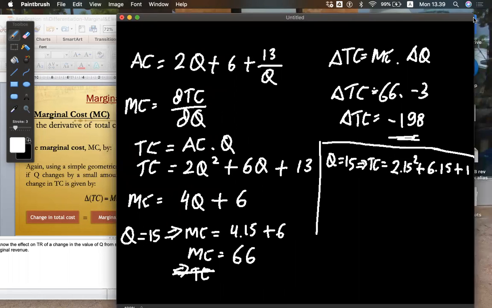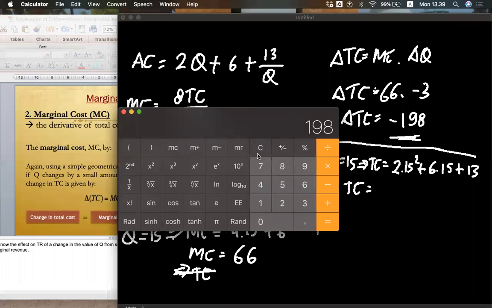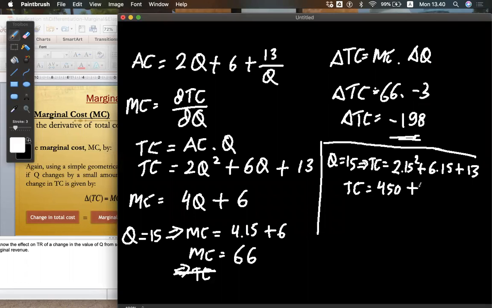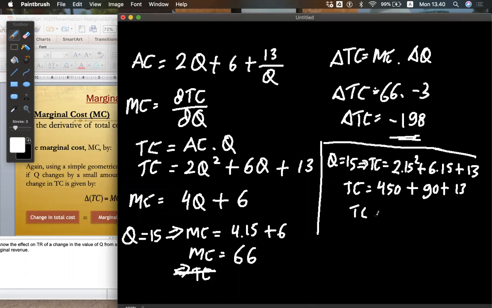So 15 squared is 225, times 2 is 450, plus 90, plus 13. 450 plus 90 plus 13 gives 553.